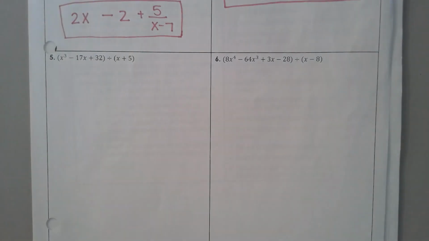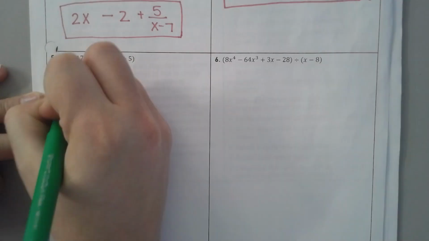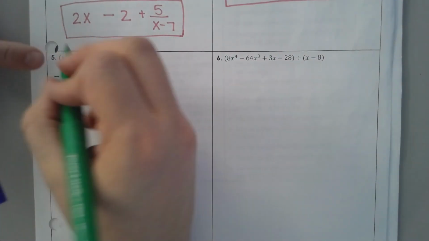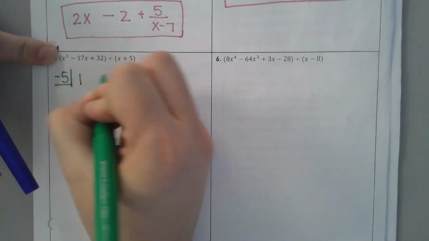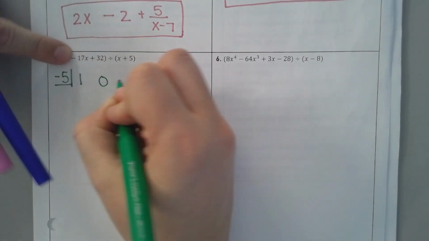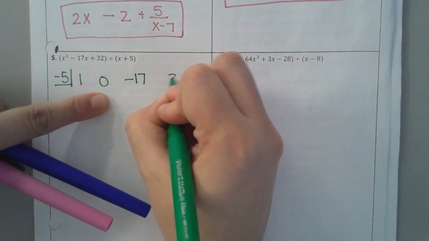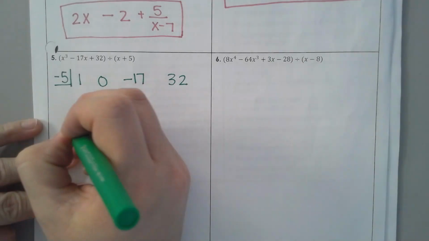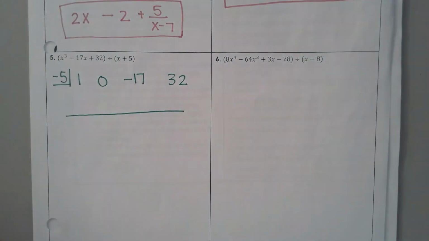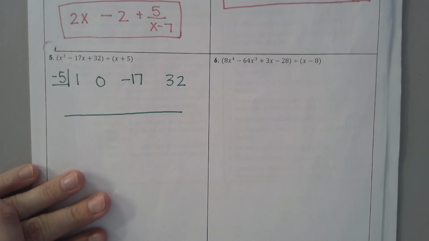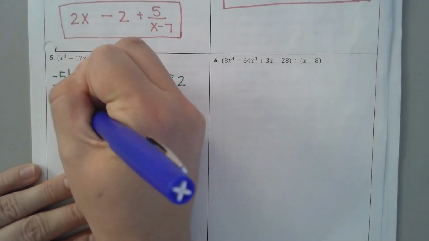So when we do our setup, what goes in the box? And then across the top, I'm going to have 1, 0, because I have 0x squared, -17, 32. So you bring down your first number.